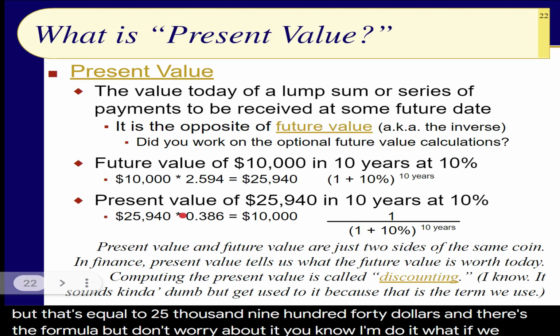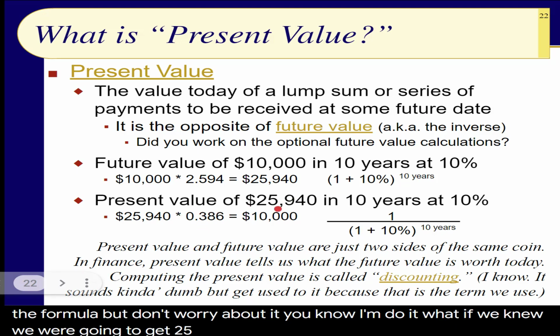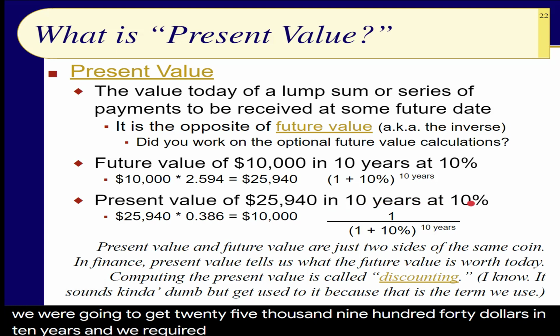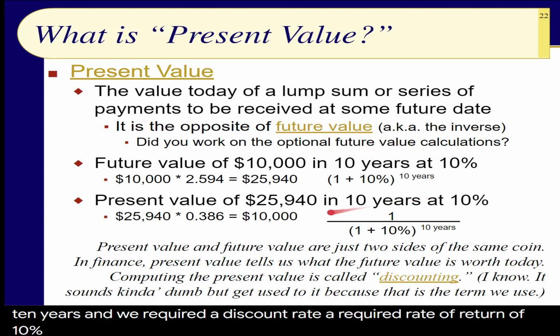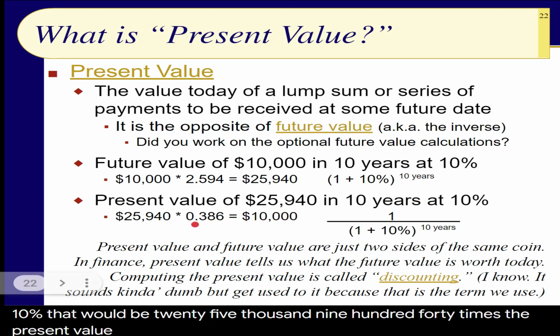What if we knew we were going to get $25,940 in 10 years and we required a discount rate, a required rate of return, of 10%? That would be $25,940 times the present value multiplier for 10 years at 10%, 0.386, or $10,000.